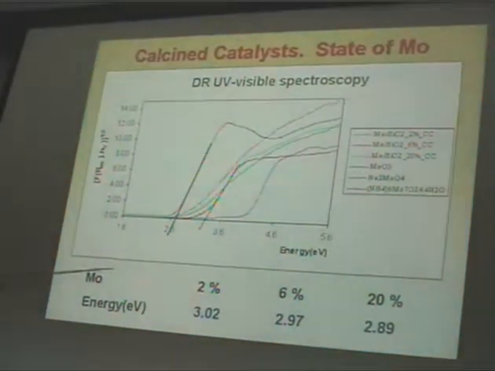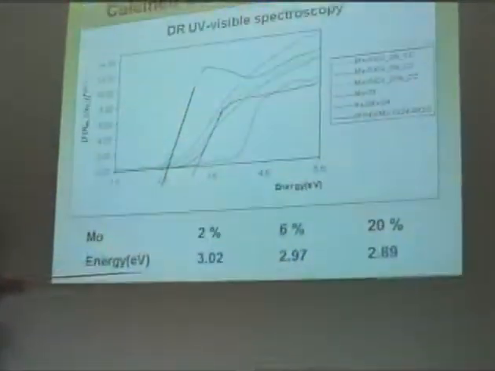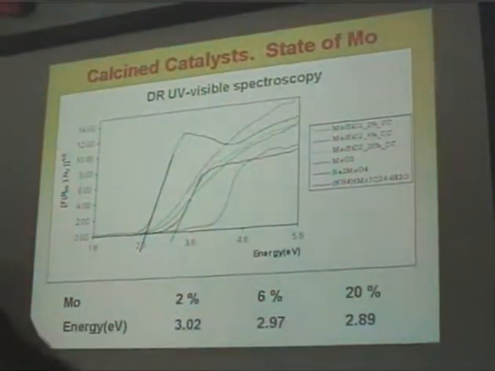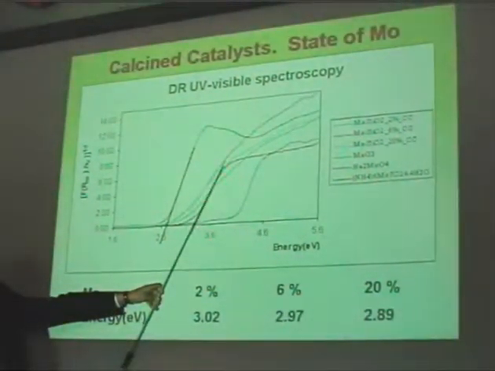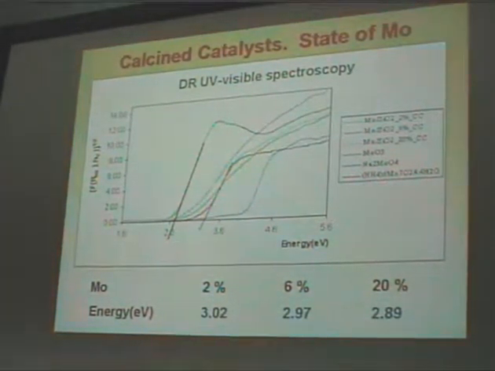From this you can observe a really nice correlation: as you increase the molybdenum content, the energy band decreases. So by analysis of this on your catalyst, you can have an estimate of how big the molybdenum oxide domains are.